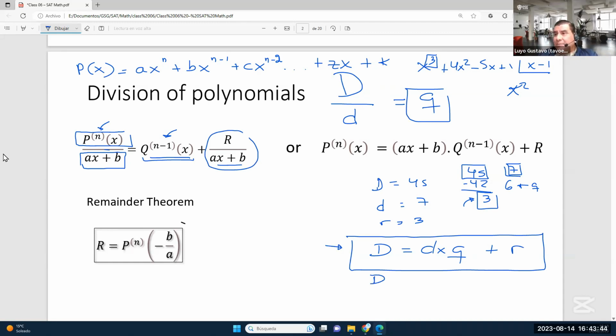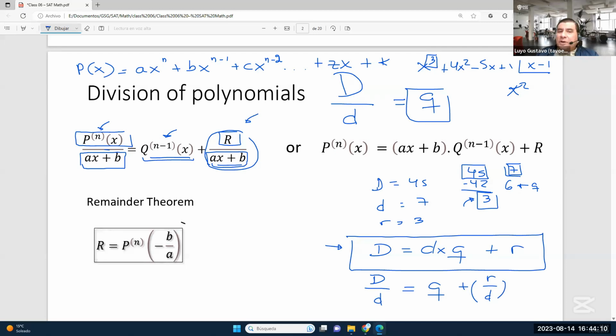In an inexact division, the dividend over the divisor equals the quotient plus the remainder over the divisor. Okay? This figure here is the same as this: the remainder of the polynomial division, usually a constant value, divided by the original divisor.